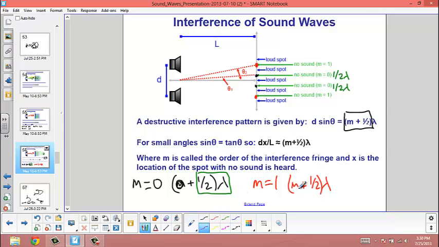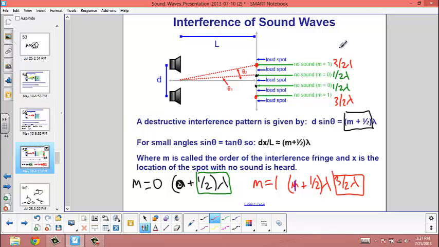Well, I'll use purple. m equals 1 is the next fringe. 1 plus 1/2 is 3/2 of a wavelength. So at this location, we're not off by 1/2 of a wavelength, we're off by 3/2 of a wavelength. And down here would be 3/2 of a wavelength.